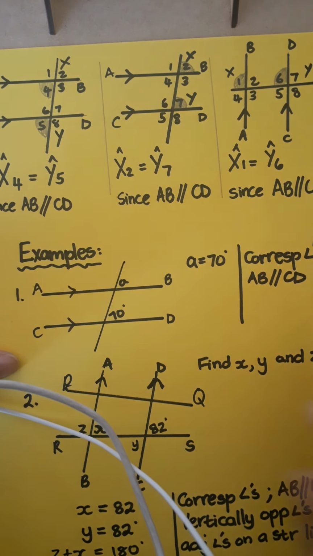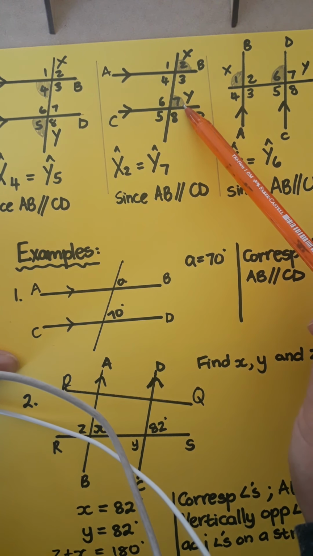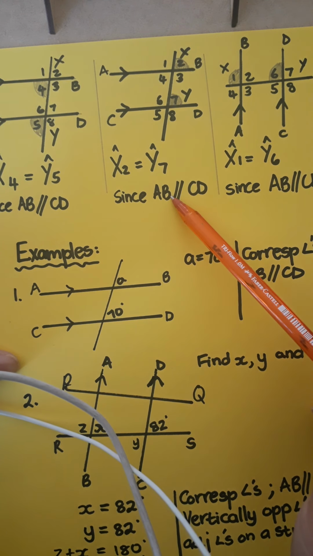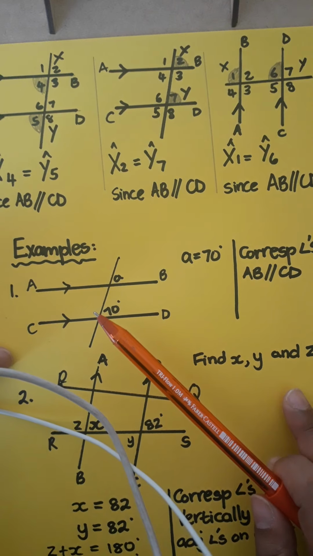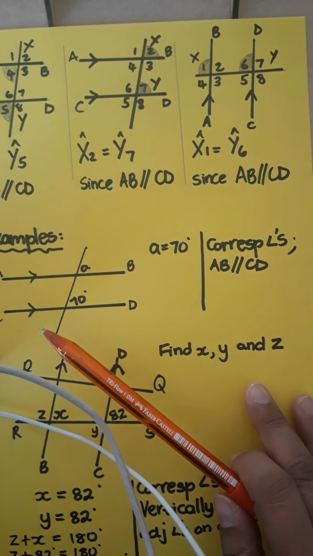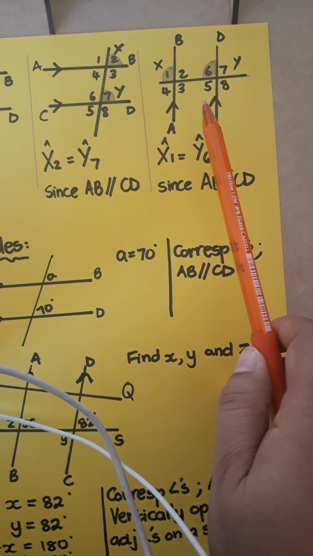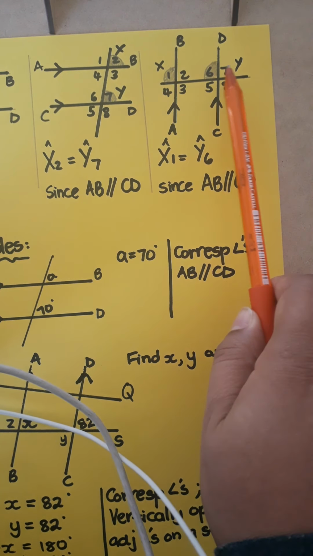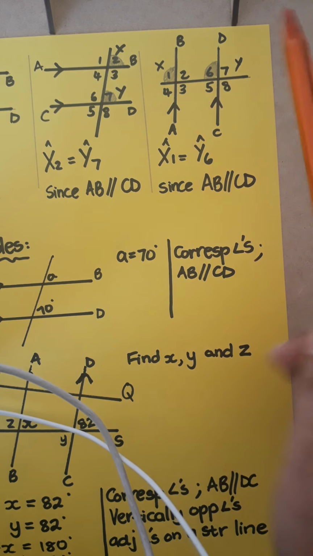Another example, we have X2 being equal to Y7. Can you see the upside down F? Since AB is parallel to CD, therefore angle X2 is equal to Y7, corresponding angles. If I turn my diagram around, we've got X1 being equal to Y6.